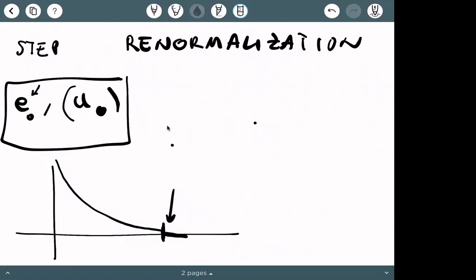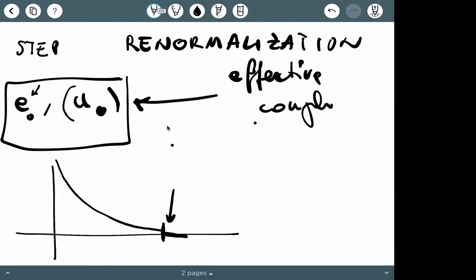They play the same role as the multiple expansion. These are the effective parameters or effective couplings of the theory. And they have to be determined, and I have only 2 ways to determine.